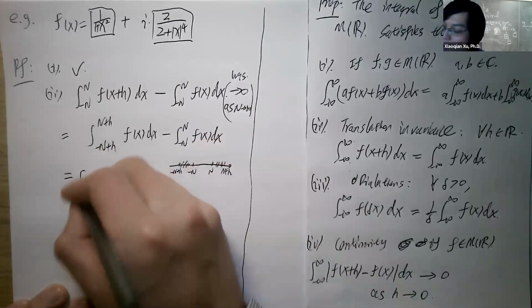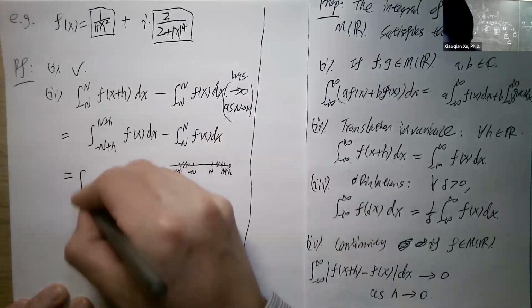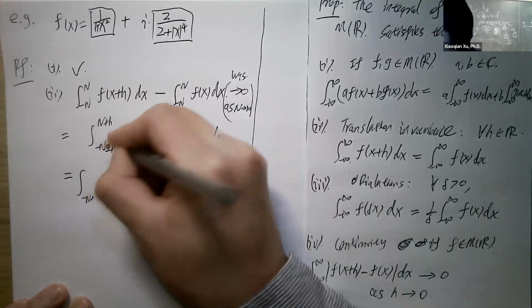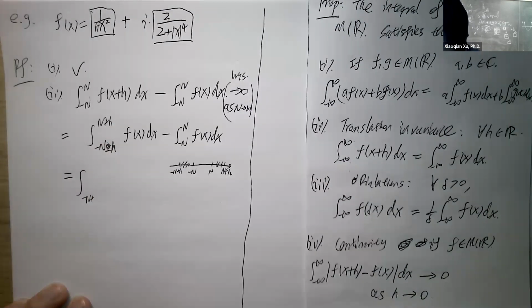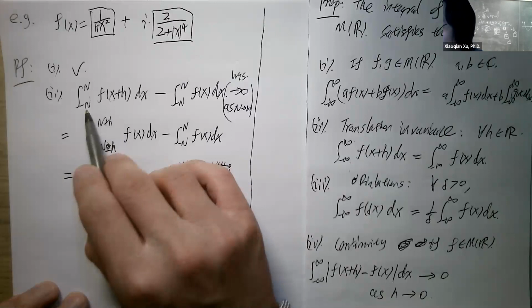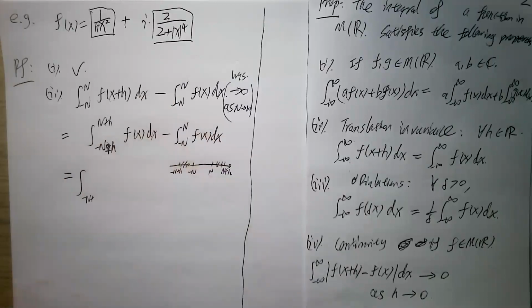So it's an integral from minus n plus, well, I mean, this should be minus h, I'm sorry. Is that minus h or plus h? It's minus h, I think. When x is minus n, oh, plus h. I drew the wrong picture.